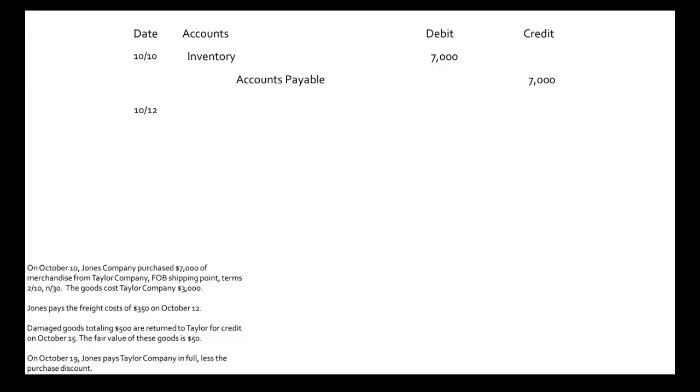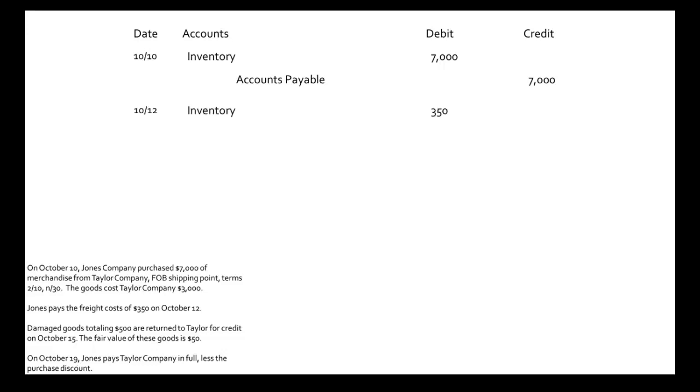Now on October 12th, Jones pays the freight costs of $350, right? Because when it's FOB shipping point, the buyer has to pay for shipping. If it were FOB destination, then the seller would be paying for the freight costs. So whenever the buyer pays for freight, what they do is they lump those costs into the cost of acquiring the inventory.